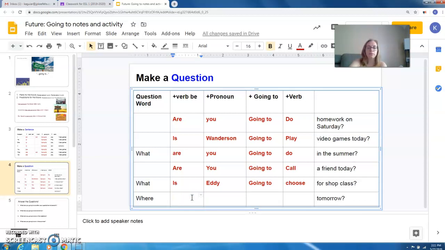Where are you going to be tomorrow? So these are some questions with verb to be and going to.